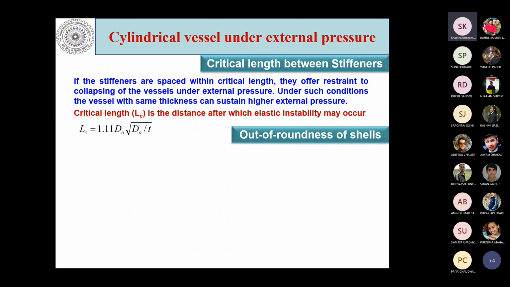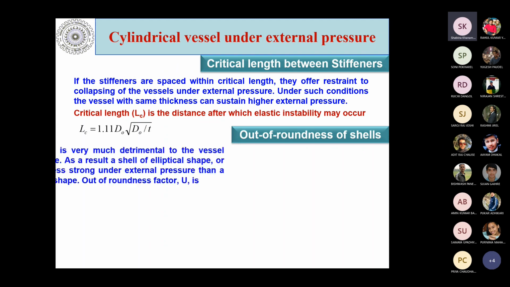Another parameter for the design of a shell under external pressure is out of roundness. Out of roundness means we have some irregularity in the shape. When the shape is regular, we consider it a round shape.